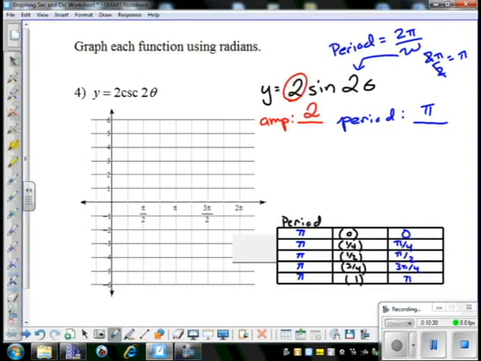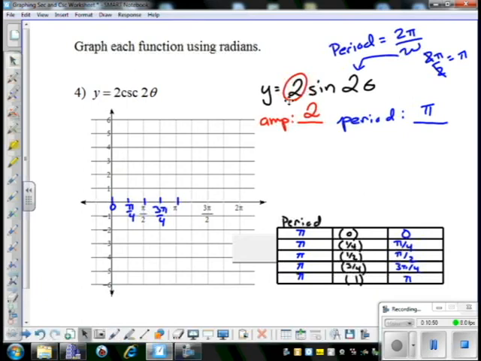Those will be our 5 points on one period, my 5 notches, or my 5 x points.